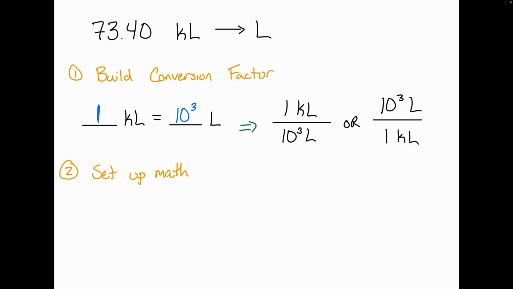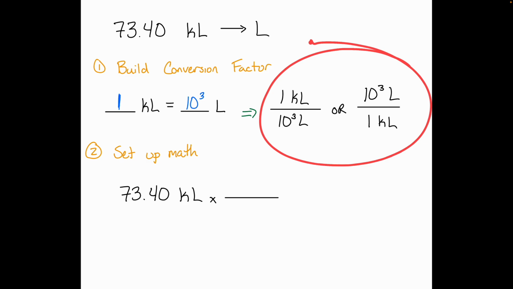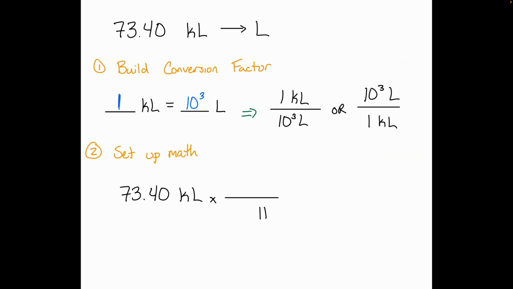Cool. So now we're going to set up the math. We're going to start with what we're given, 73.40 kiloliters, and we're going to multiply by one of these two conversion factors here. Which one are we going to pick? The one on the left or the one on the right? The one on the right, because we need those kiloliters on the bottom and liters on the top so we can cancel out our kiloliters.